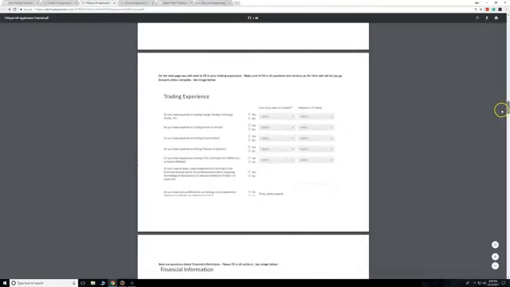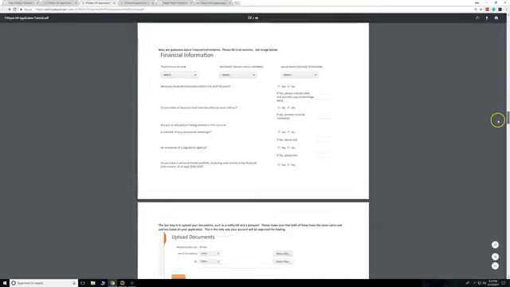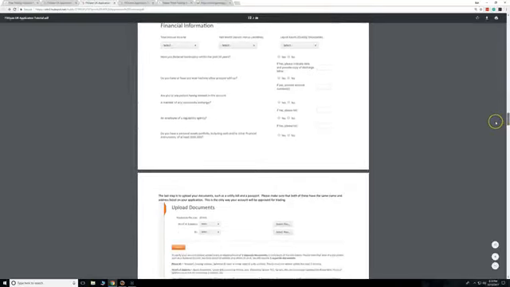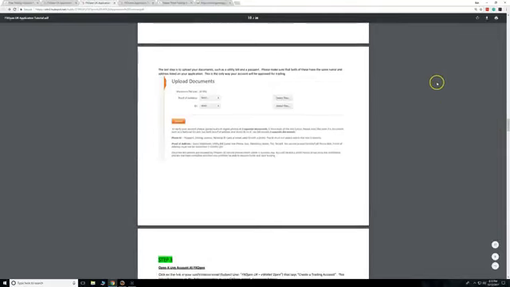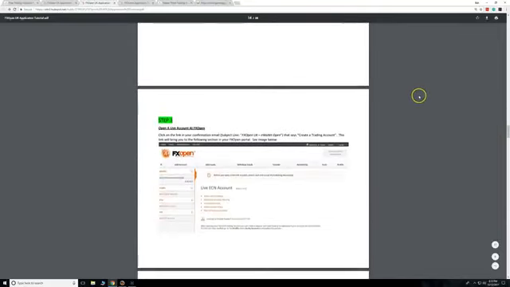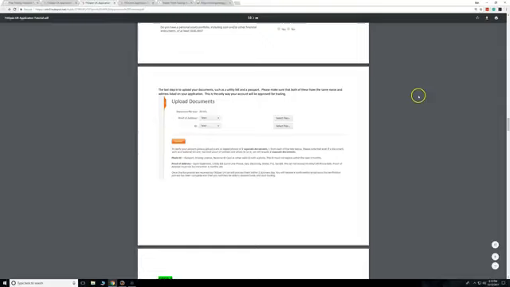You just have to answer a few questions and provide some information. You've opened accounts before, so this should be absolutely no problem. If you haven't opened an account at all, this is what you have to do every time you open a live account, so get used to it.